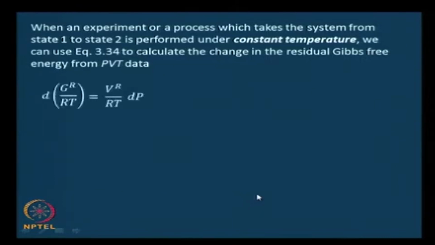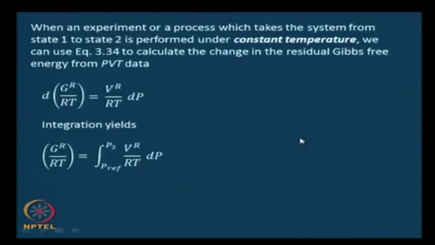and then we said that we had assumed constant temperature, but we got it in terms of values. Yeah, Gr by RT is in terms of Vr, integral of Vr by RT dP.